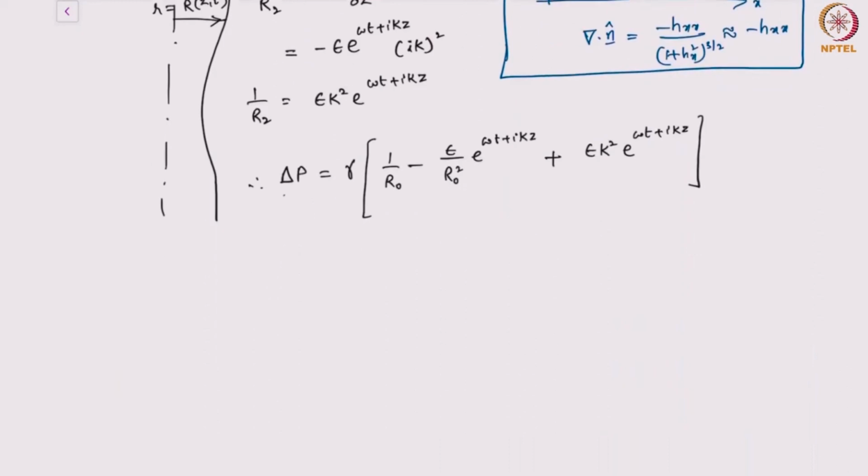Now this pressure jump has two parts. This is delta p base state plus a delta p with a perturbation or a disturbance. Remember that even for a circular filament, which is an undisturbed filament, because of curvature and surface tension, you actually have a pressure jump.